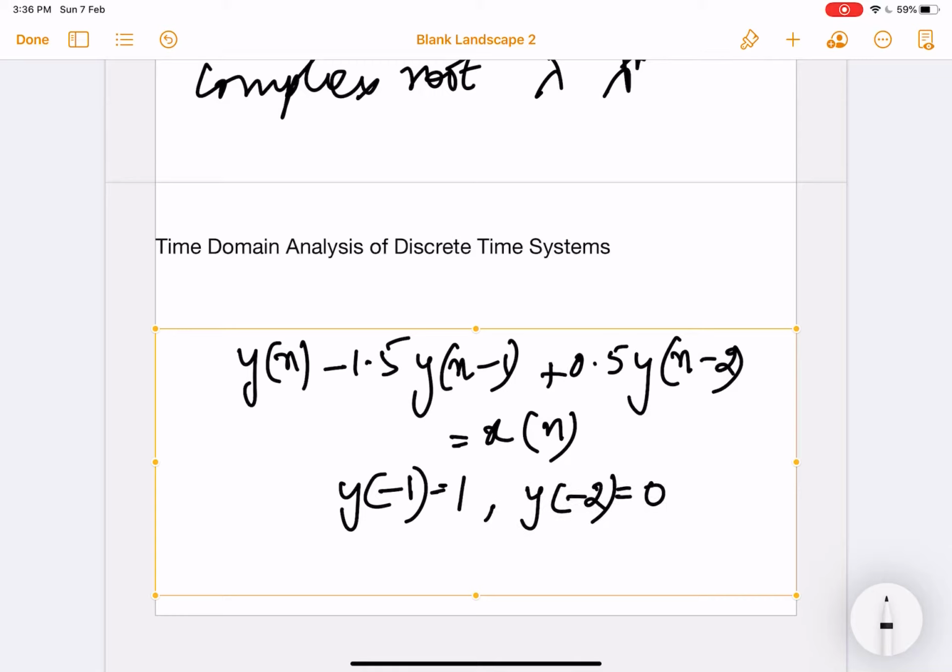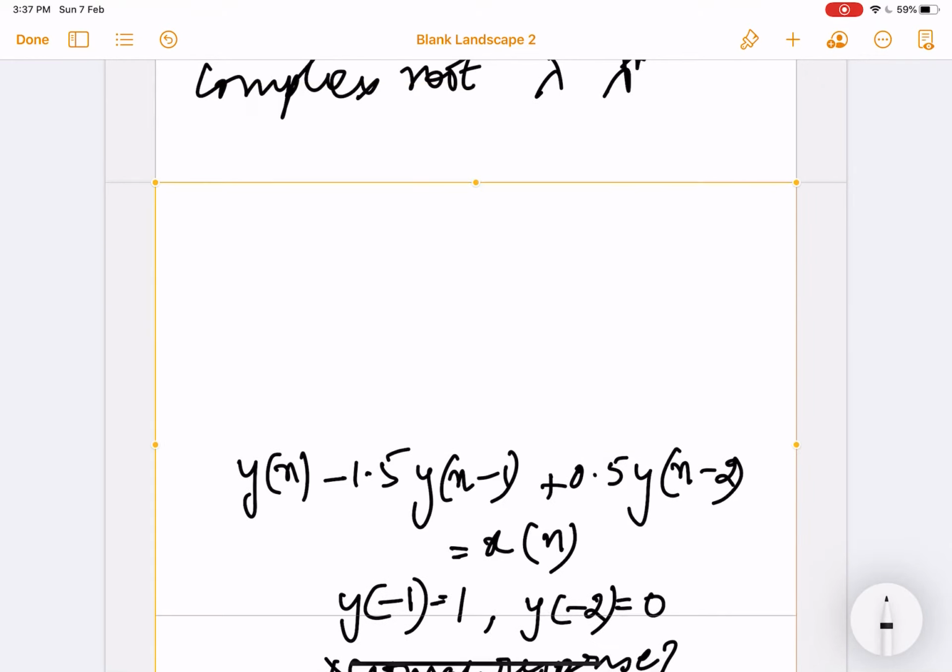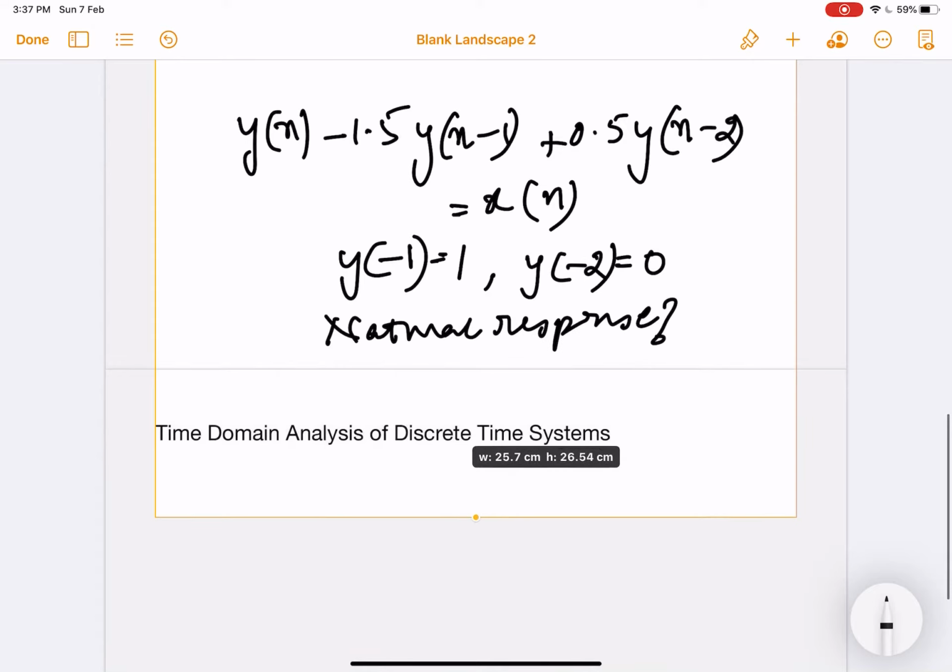We need to find the natural response of this system. So how are we going to do it? Let's see.